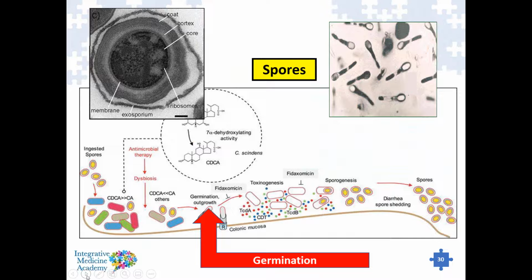So by the time they hit the large intestine, they're producing a wide variety of toxins that greatly affect what's happening in the bowel. But it's the germination phase of this transformation that makes the Clostridia vulnerable to treatment, whether it's with antibiotics or botanicals.